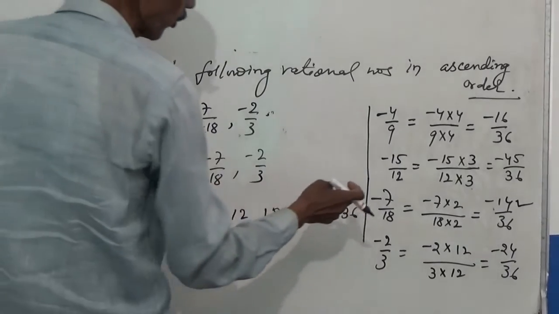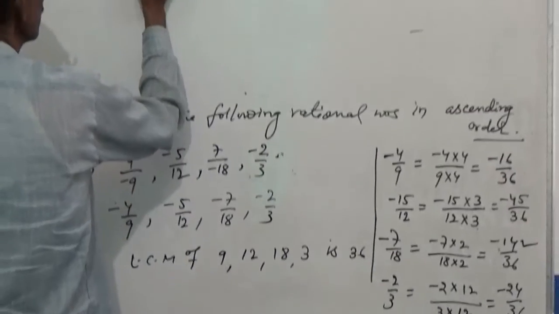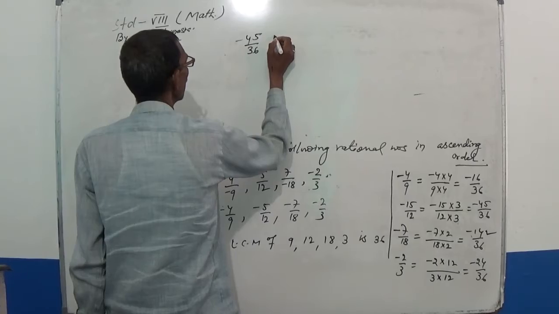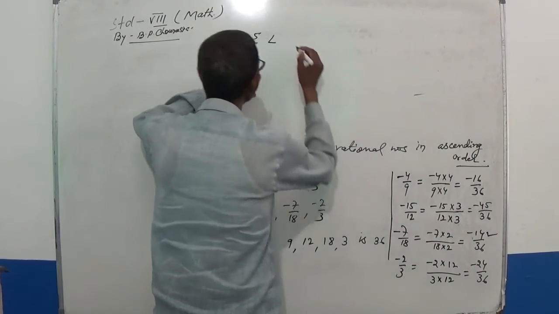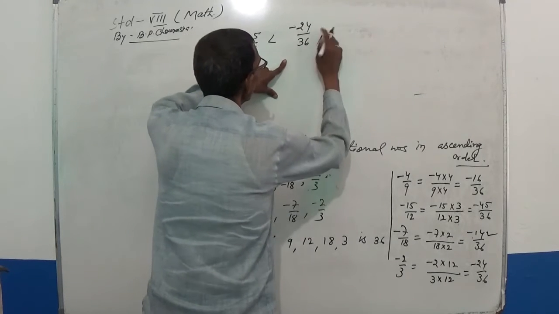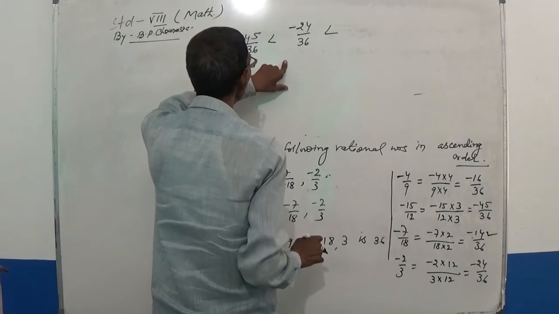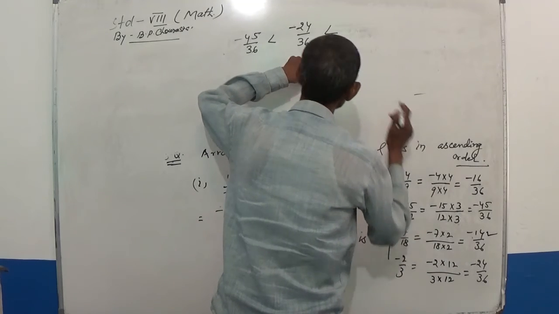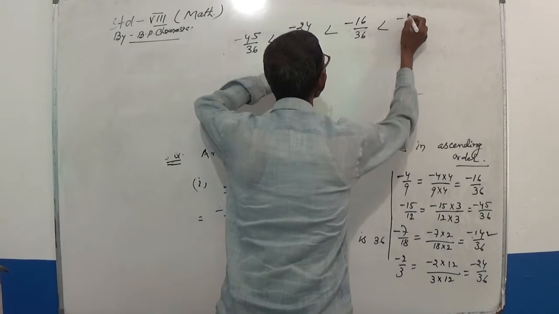The smallest among these is minus 45 by 36, less than minus 24 by 36, less than minus 16 by 36, less than minus 14 by 36.